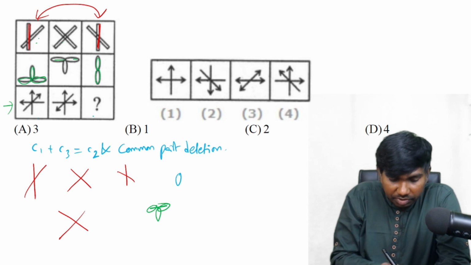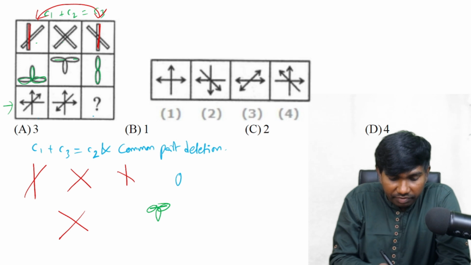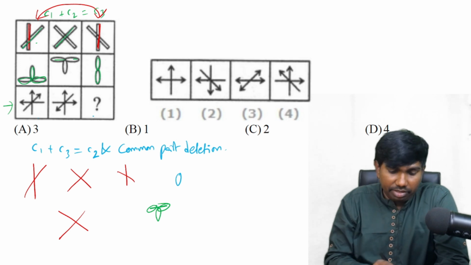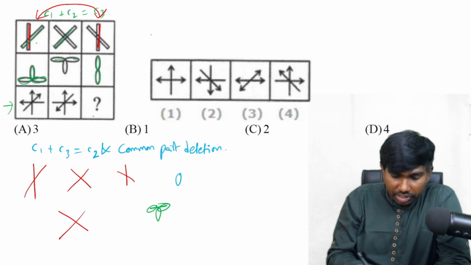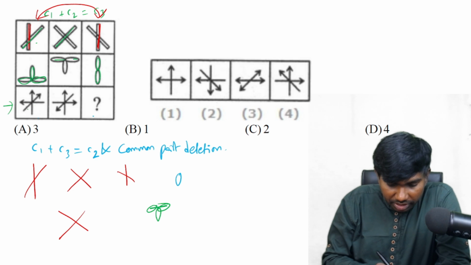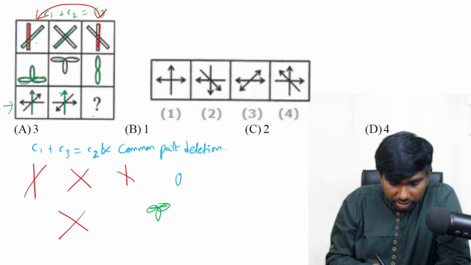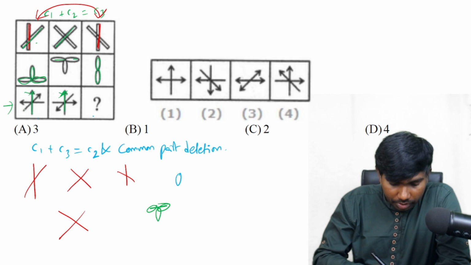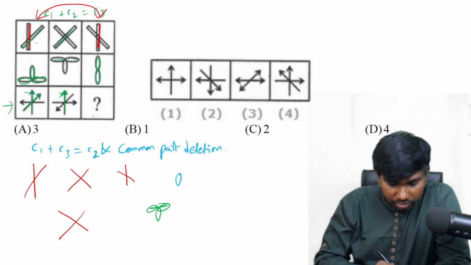Even you can take column 1 plus column 2 equals column 3 with the common part deleted. This one also we can use. Here also, which is common in these two? Up arrow, this is common. That means this will be deleted. Top right arrow cannot be deleted because it is not available.